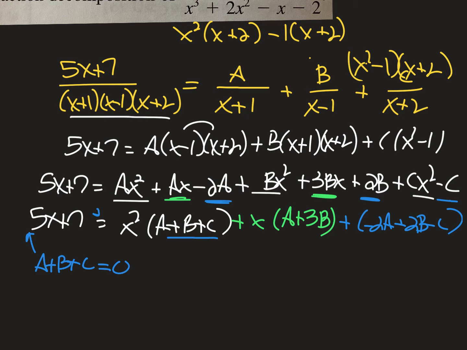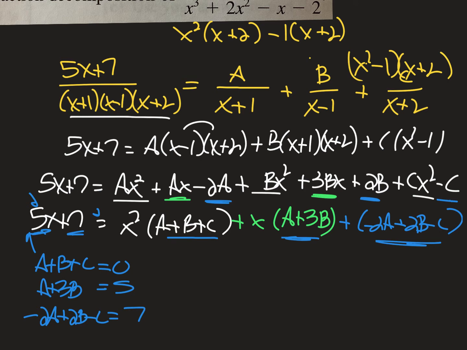The coefficient in front of the x, a plus 3b, has to equal 5, because that's the coefficient on the x over there, and they're equal. The 7 is constant, which means the constant term over here, the negative 2a plus 2b minus c, has to equal 7.